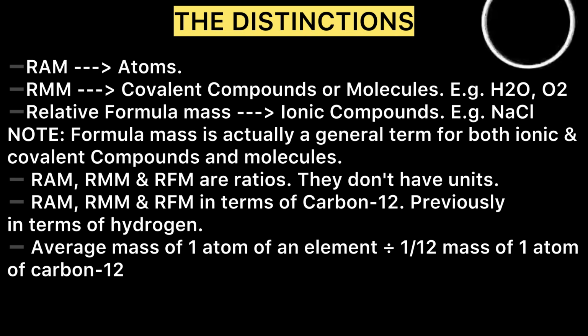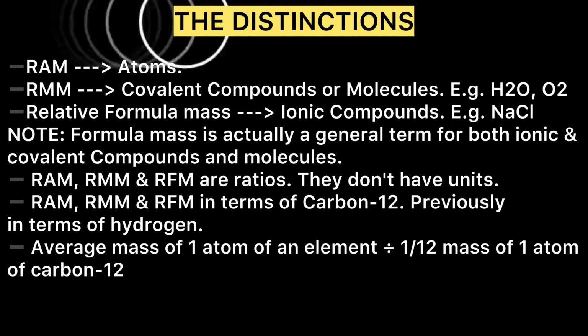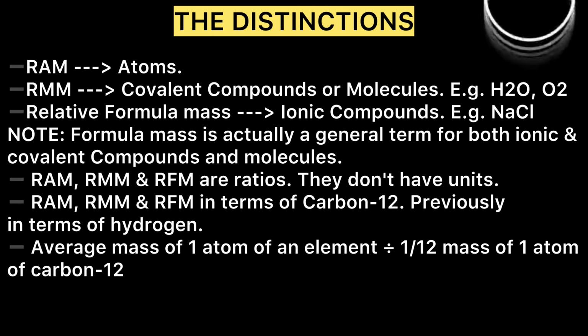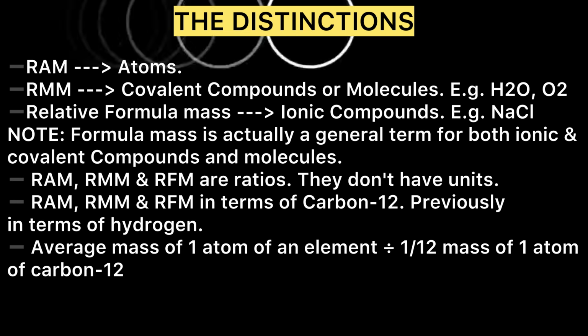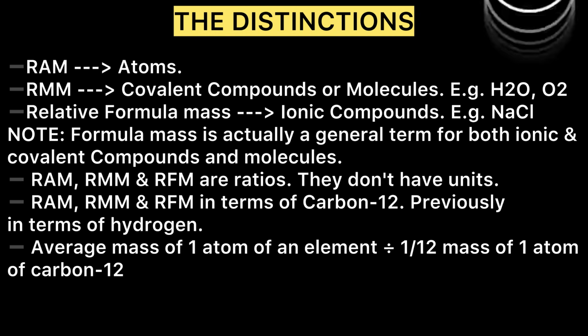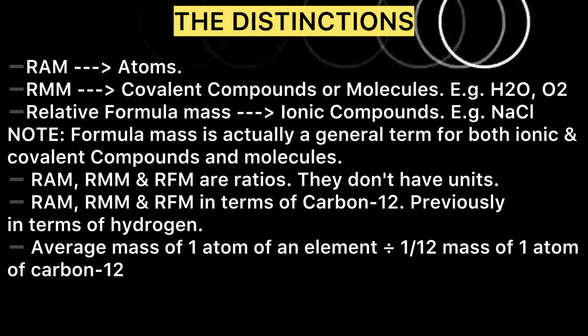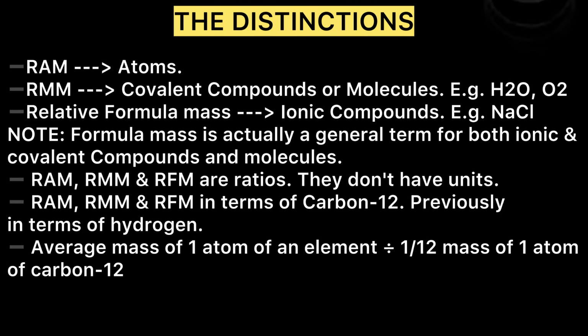So if you say 1/12 times 12, you're going to get 1. So we said average mass of one atom of oxygen divided by 1/12 the mass of one atom of carbon-12. So we're still getting 1 for the reference, even though it's carbon-12, because of the 1/12 mass of one atom of carbon-12. That was the reason in previous times they used hydrogen. Why? Because hydrogen has an atomic number of 1.